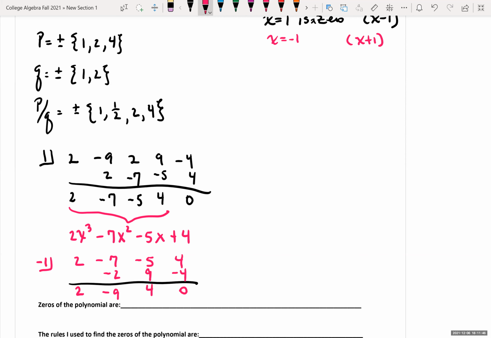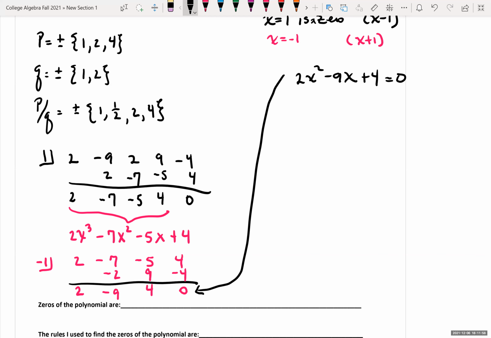We now have a quadratic. This is the same thing as 2x squared minus 9x plus 4. We want to know when is this piece equal to 0. And so we can factor this. I'm going to just do it by guess and check.